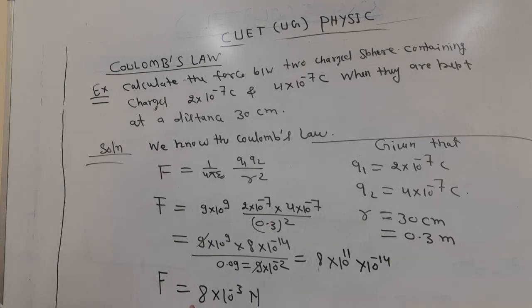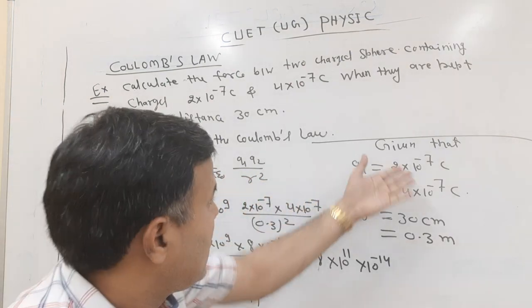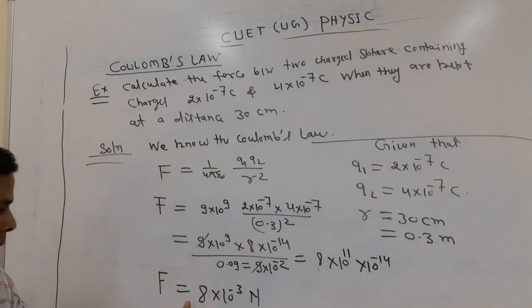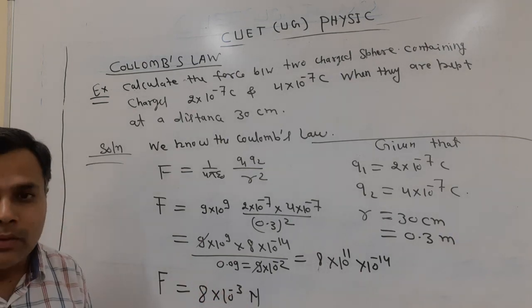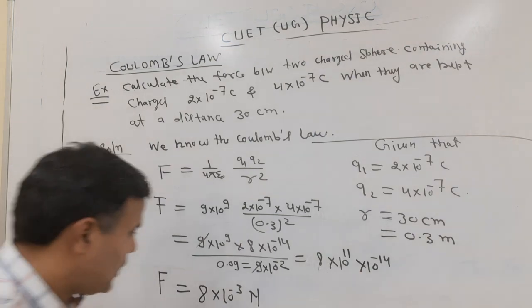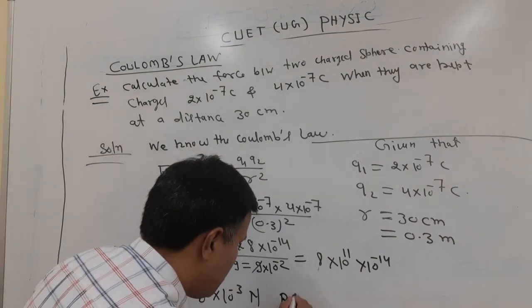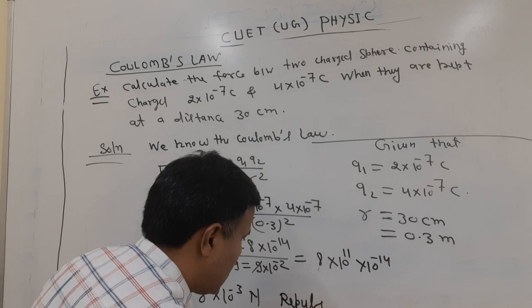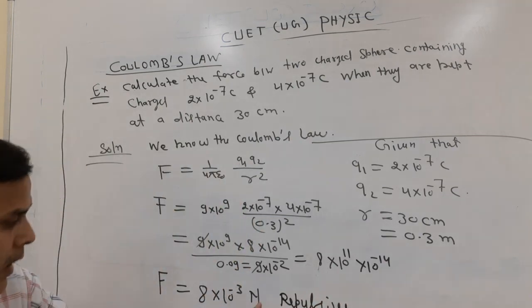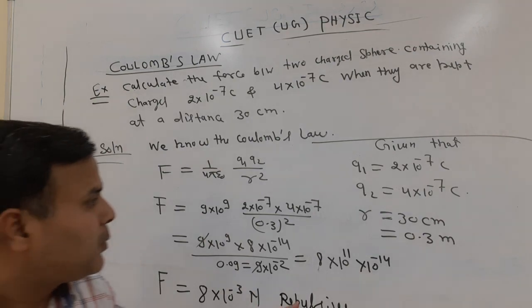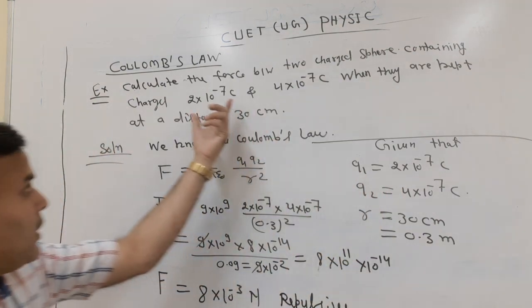So this F is 8 into 10 to the power minus 3 Newton. What is the nature of this force, attractive or repulsive? In this case it is a repulsive force, because it depends upon the nature of the charges.